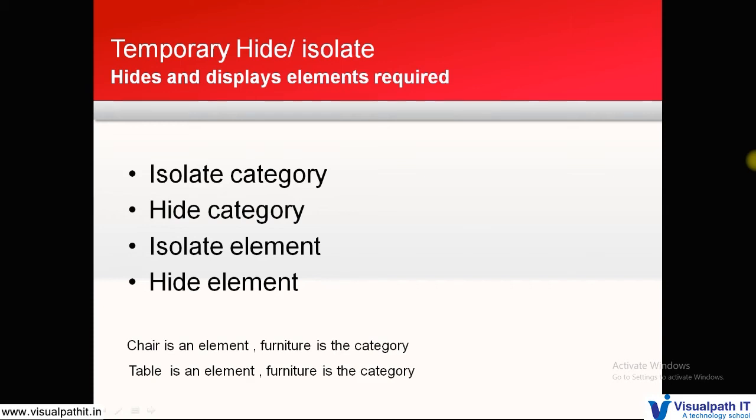There may be a lot of chairs, so if all the chairs you need to switch off, isolate, or hide, then it is a category. Category is the group of elements that come under the same group. Like furniture, you have chair, table. Table is furniture, chair is furniture, almirah is furniture. Any shelf is furniture.